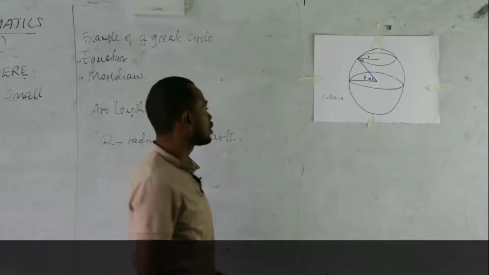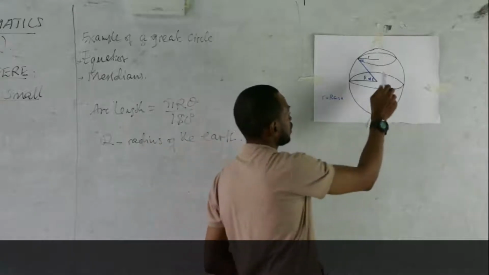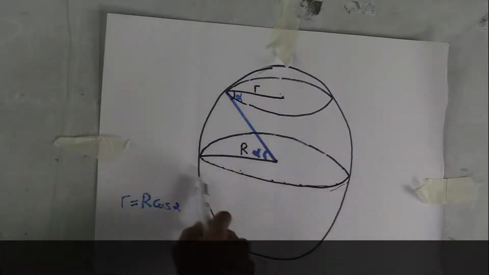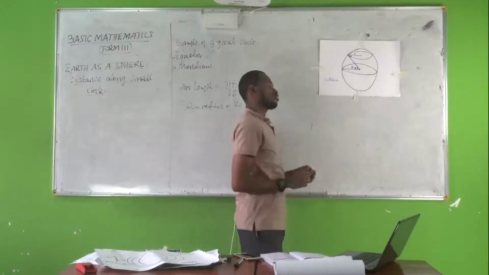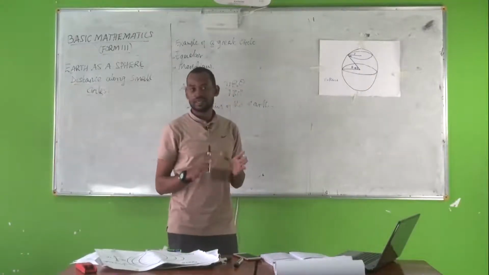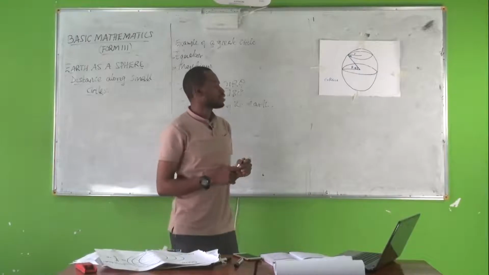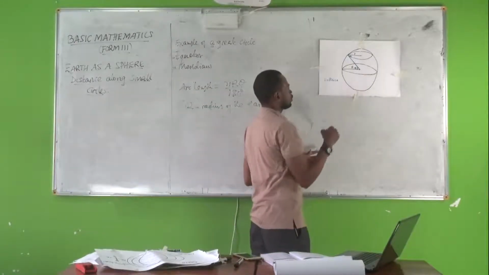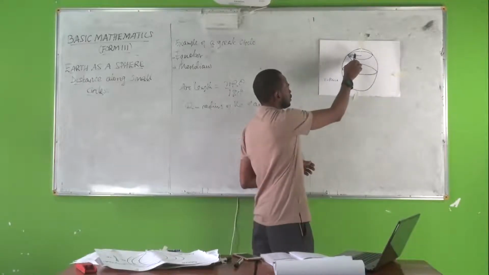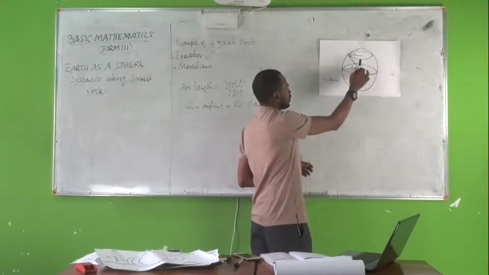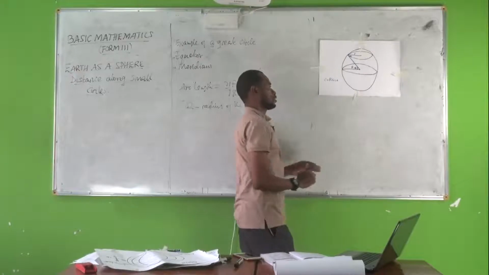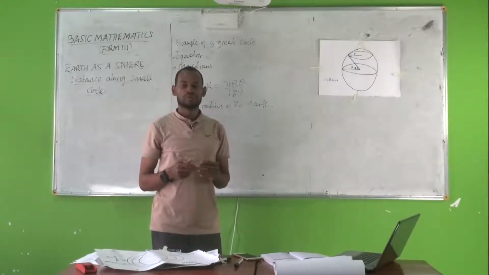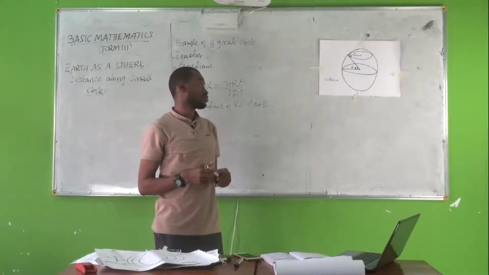If the circle's radius is equal to the radius of the Earth, we say that is a great circle. Any circle in which the radius is not equal to the radius of the Earth, we call it a small circle.